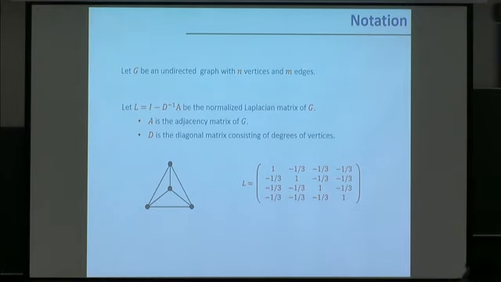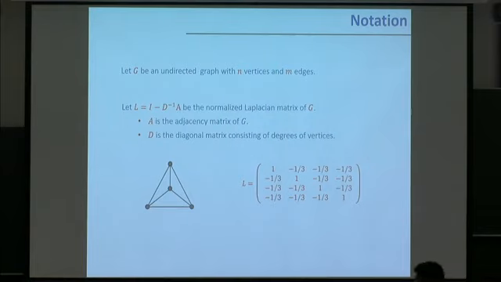This is the corresponding normalized Laplace matrix. All the diagonal entries of this matrix are equal to 1, and since every vertex has 3 neighbors, all the off-diagonal entries equal minus 1 over 3.